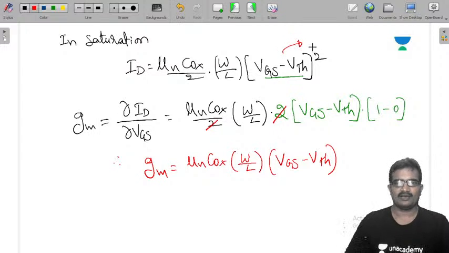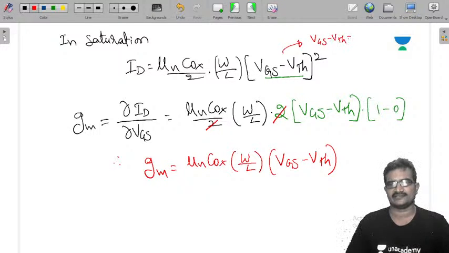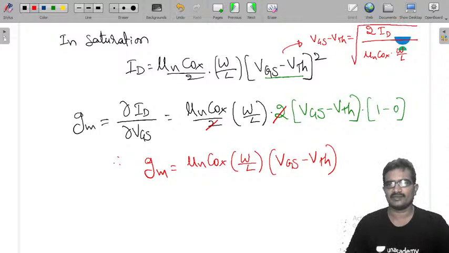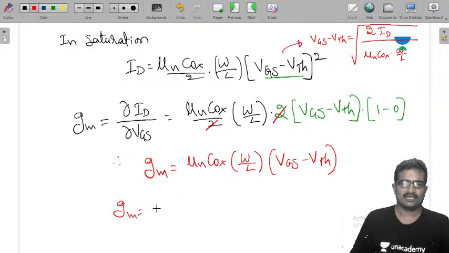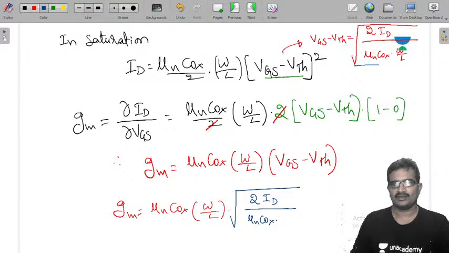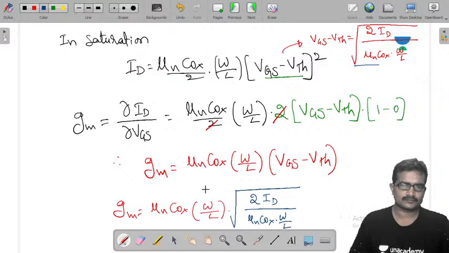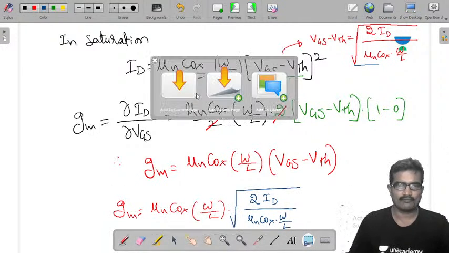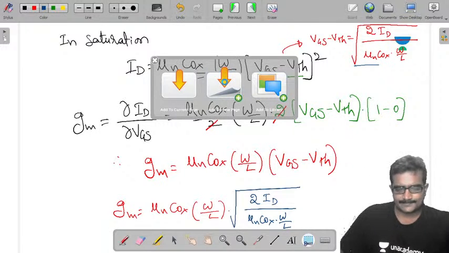Now from this I am going to write VGS minus VTH is square root of 2 ID by mu n into COX into W by L. Just to substitute that, therefore gm is mu n into COX into W by L into VGS minus VTH, which is this one, square root of 2 ID by mu n COX W by L. Now just simplify this equation.